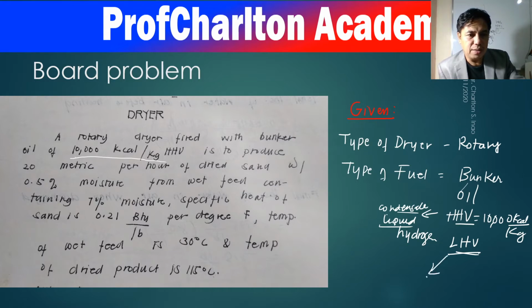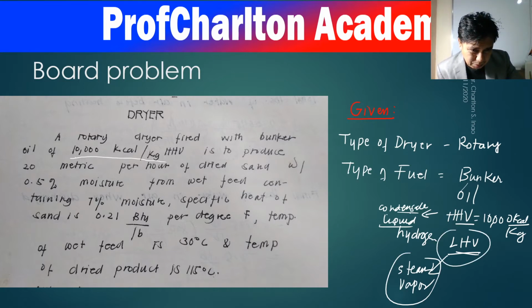Now lower heating value is more on the measure of the heat released during the combustion, but it is based on the so-called vapor or steam. So vapor or steam, you are dealing with lower heating value, but higher heating value is more on the liquid or condensate.